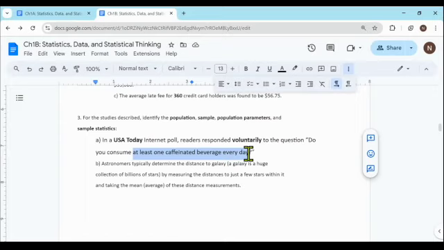Exactly. But in this question they asked for the sample and the sample statistics. The sample is the volunteers that responded to the survey. But sometimes you eliminate some of the responses, because they did not complete the survey correctly.